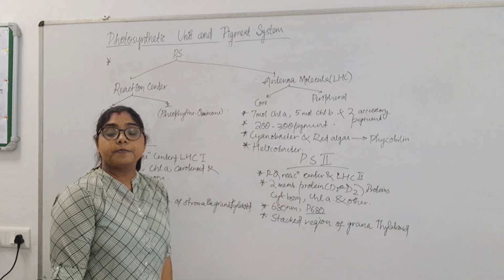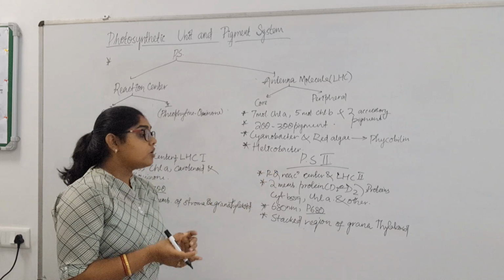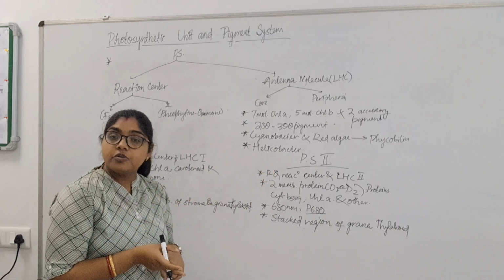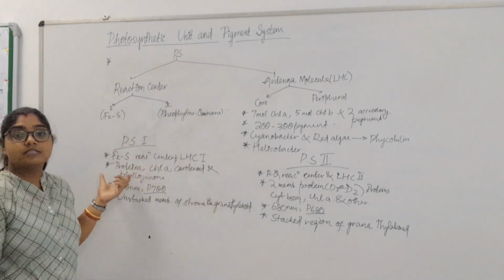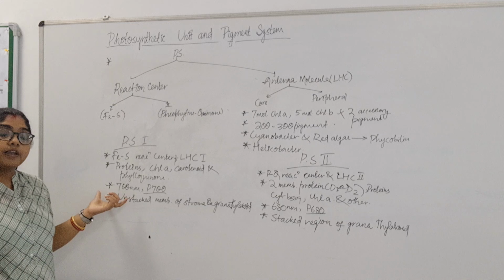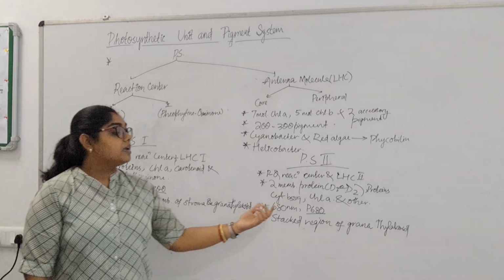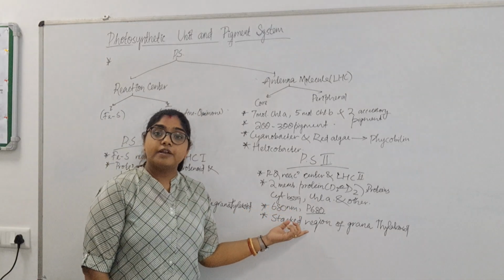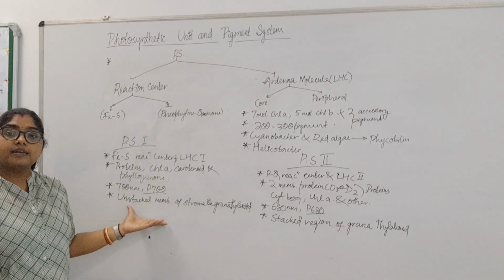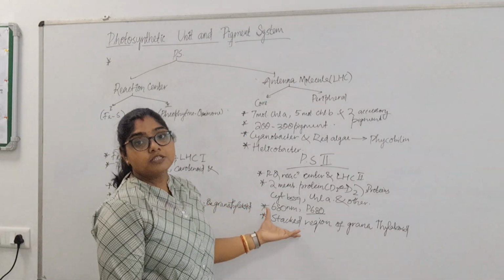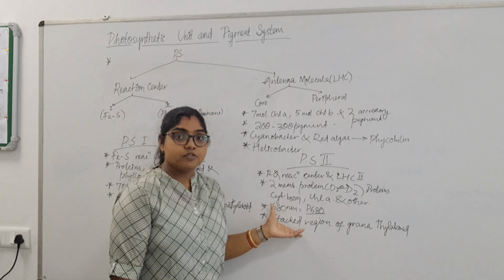PS2 contains two membrane proteins D1 and D2, then proteins like cytochrome b559 and chlorophyll a molecules. PS1 can absorb 700 nanometer light, that's why it is known as P700. PS2 can absorb 680 nanometer light, that's why it is known as P680. PS1 is found in the unstacked region of stroma and grana thylakoid, and PS2 is found in the stacked region of grana thylakoid.